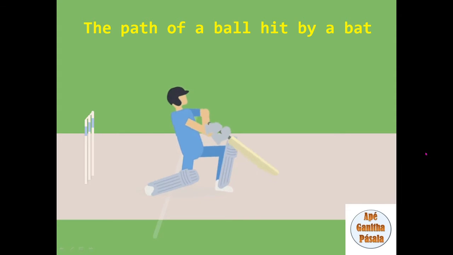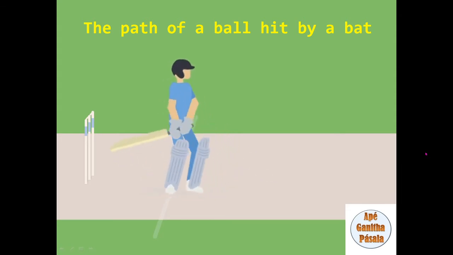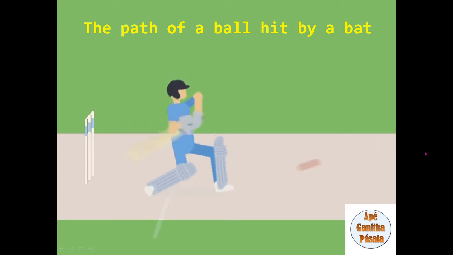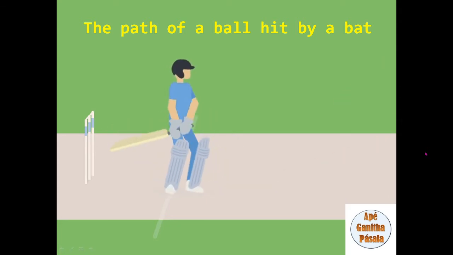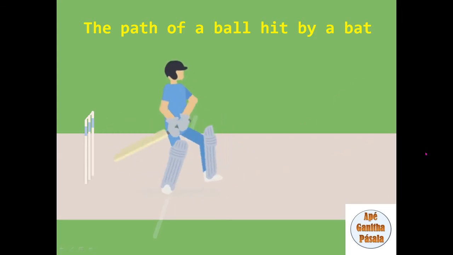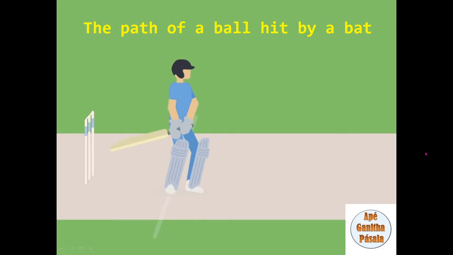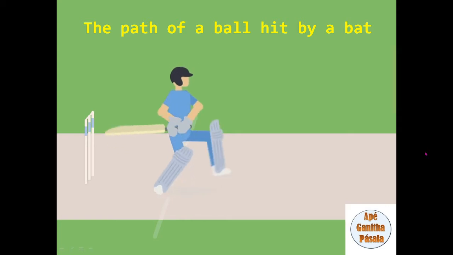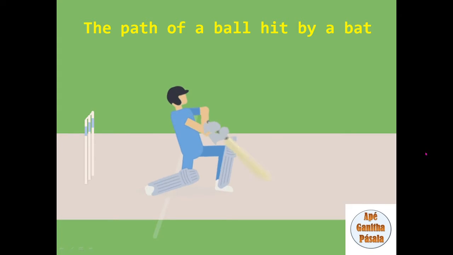The path of a ball hit by a bat. You have watched cricket. Can you recall the path of a ball hit by a bat? What will be the path of a ball hit by a bat? Can you imagine that?